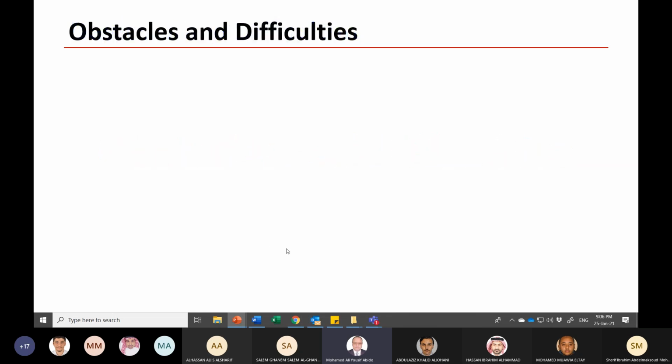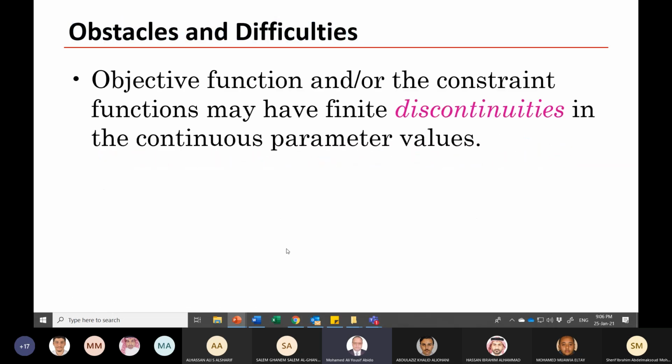So the problems or difficulties for the optimization: the objective functions and or constraint functions may have finite discontinuities in the continuous parameter values. This could create problems in classical optimization.